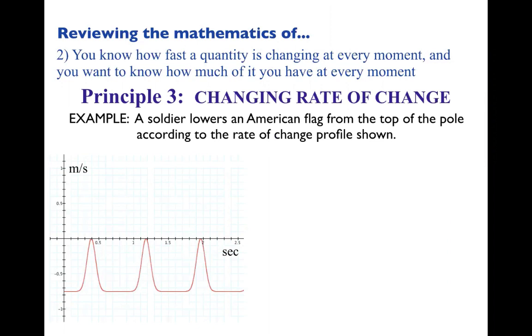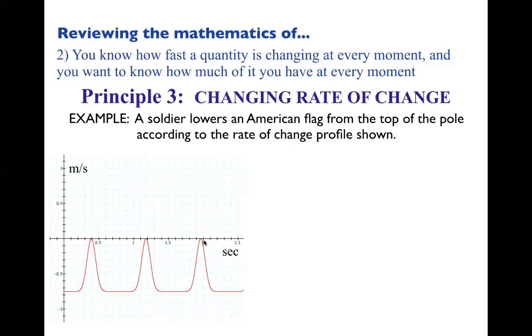And so here is another version of the rate of change for lowering the flag, which is maybe a little bit more realistic if a soldier is doing this manually, okay? So in general, it's coming down at negative 0.75 meters per second. But what would be happening here is that it would slow down and pause for a moment and then head down again and slow down and pause.